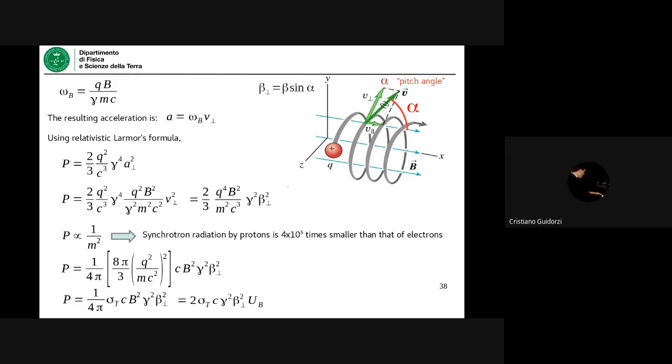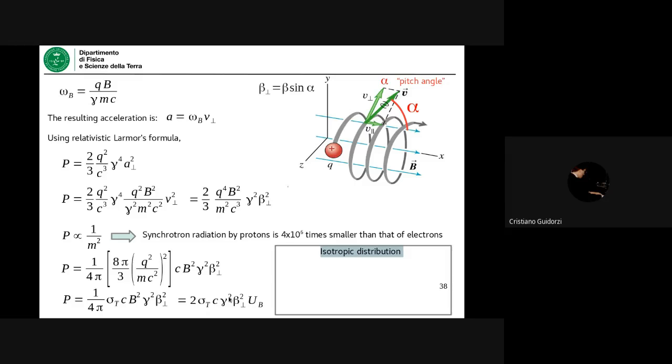So the dependence on gamma squared, first of all, is very important. The scaling with the energy density associated with the magnetic field is proportional. And of course, the sigma Thomson. This is what I would like you to remember. Then if you remember the coefficients, so much the better, but it's not crucial.